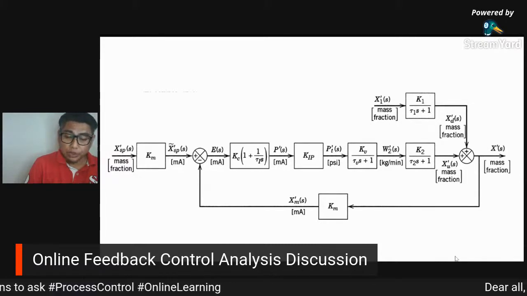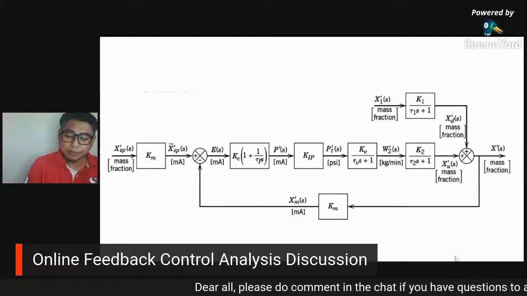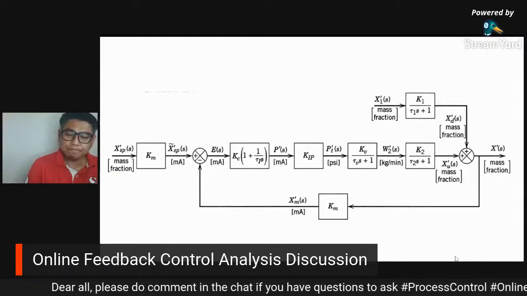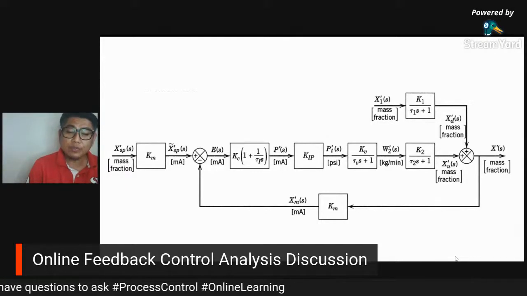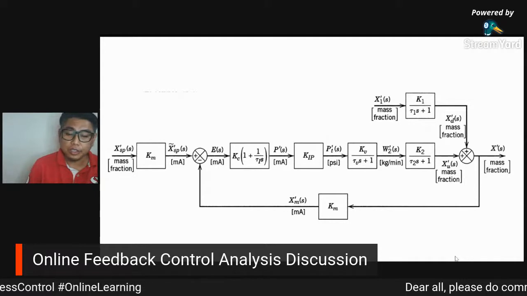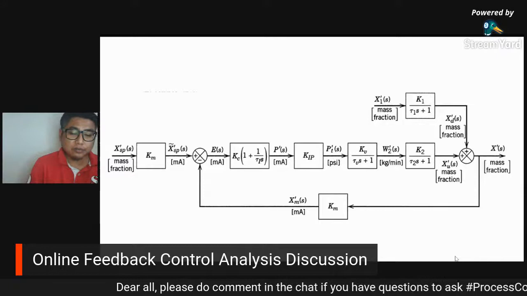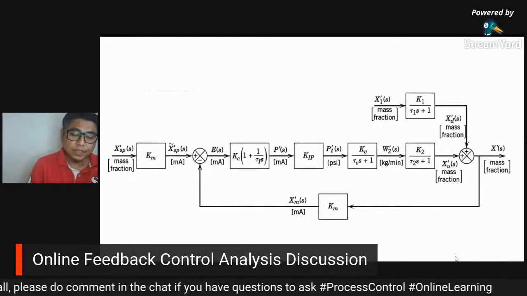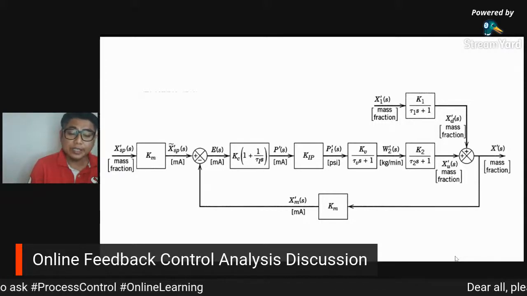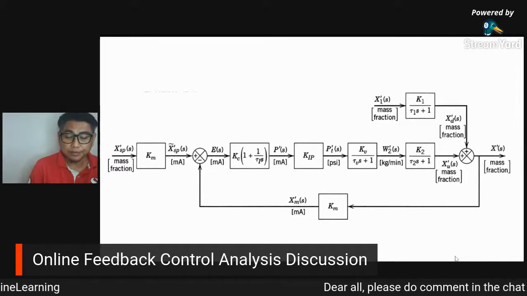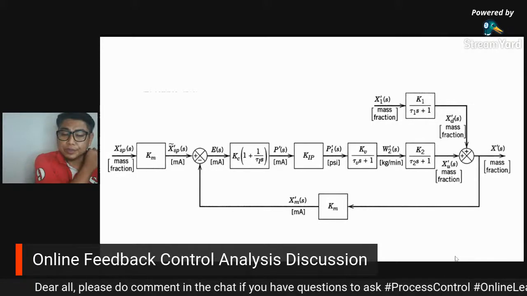So make sure you label everything, label the streams together with the units, and if you are given a value for your transfer functions, either the disturbance transfer function, the process transfer function, the measurement transfer function, the valve, or the controller, please put that value in your transfer function. That is very important.